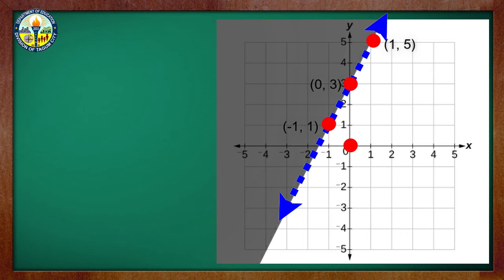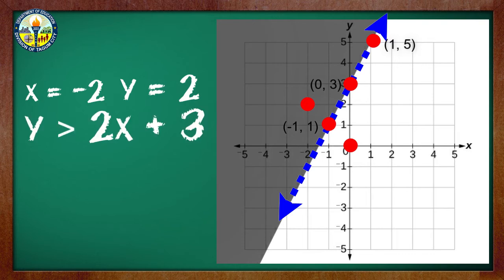Let's take any point above the line, like negative 2, 2. Here, x is negative 2 and y is 2. Substituting the x and y in the inequality, y is greater than 2x plus 3, we got 2 is greater than 2 times negative 2 plus 3.